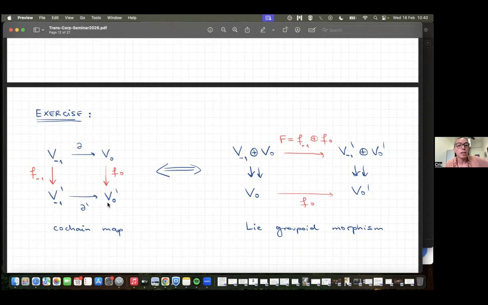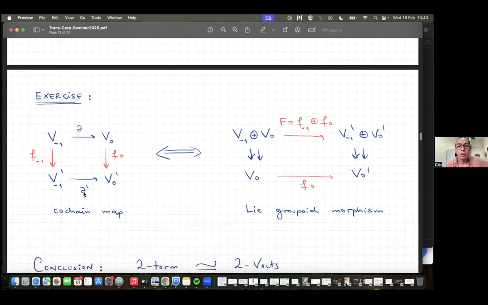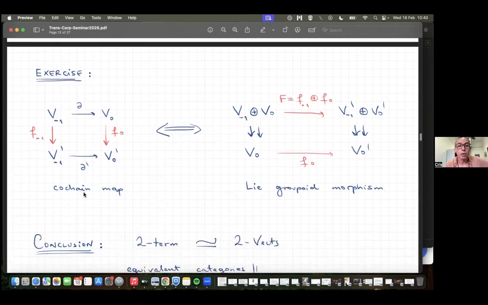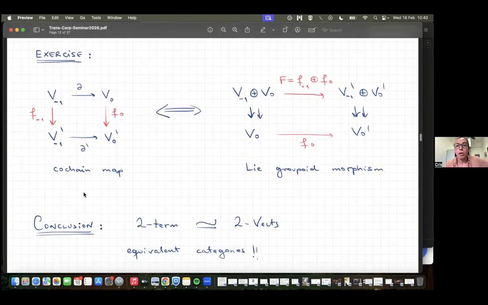So if this guy is a cochain map, then you can construct a groupoid map. And if you have a groupoid map which is linear, you can obtain a cochain map between the complexes. So this tells you that actually the category of two-term complexes and the category of two-vector spaces are equivalent categories.